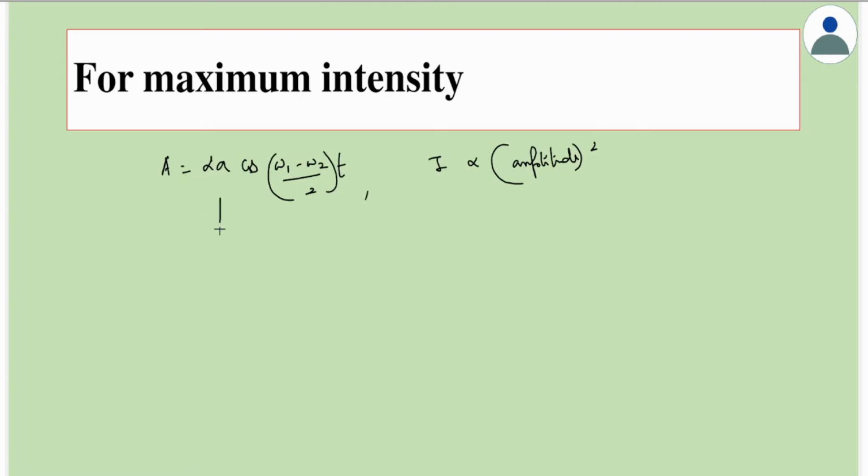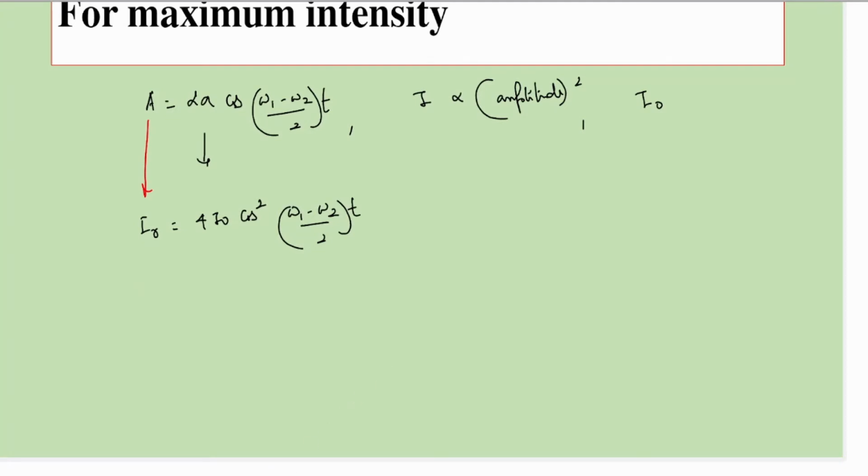Therefore, writing this in terms of intensity, call I naught the incident intensity of the waves, and from here I resultant is the square of this term, so I resultant is equal to 4 times I naught into cos square of (omega 1 minus omega 2) by 2 into t. Here A square is I resultant and a square is I naught, and this term has been squared here.